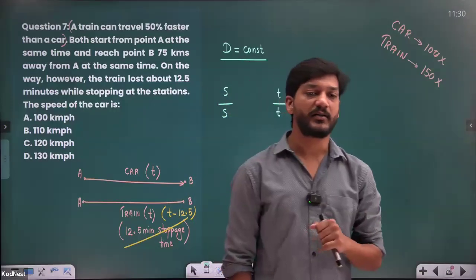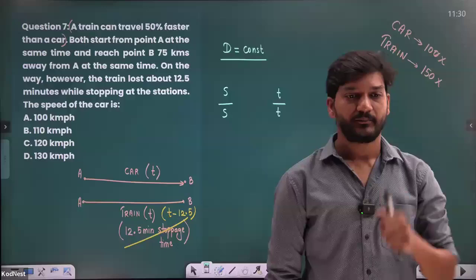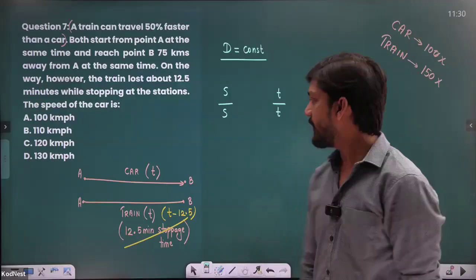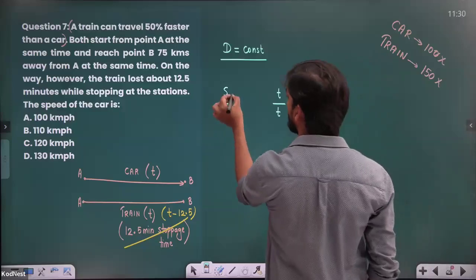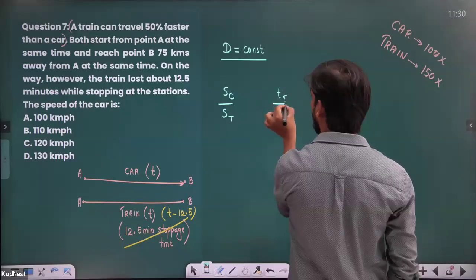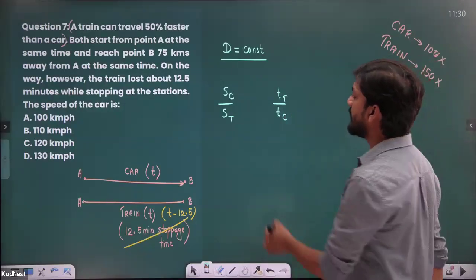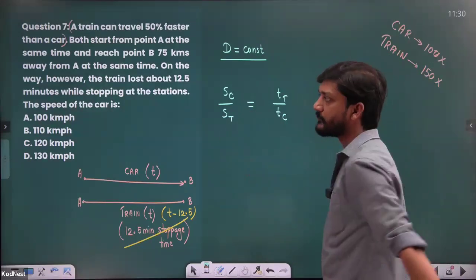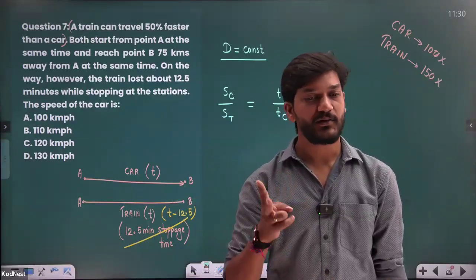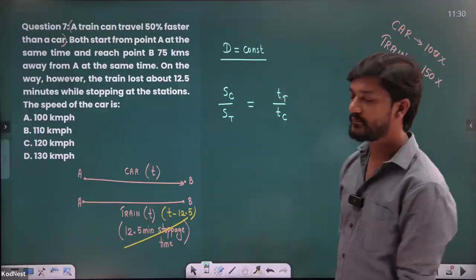Inversely. So inversely, that means car and train, train and car. Able to understand this? Yes. So speed and time are inversely related. That's why we have written car and train, train and car, opposite.